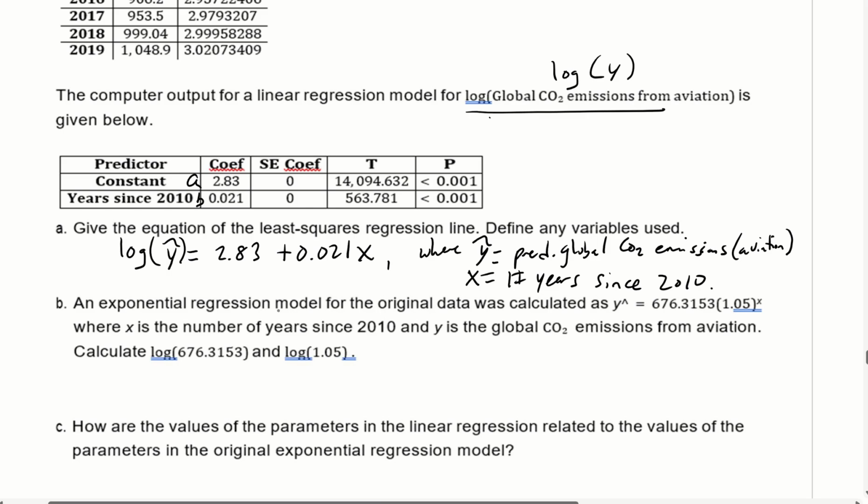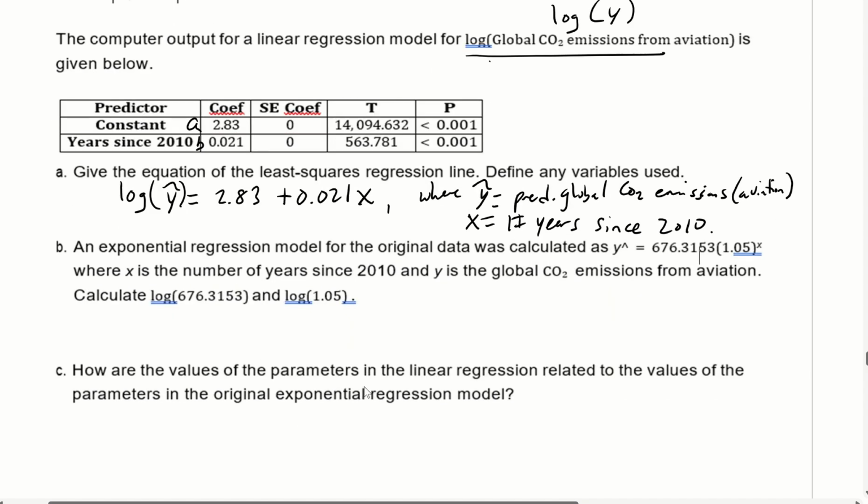Okay, so an exponential regression model was calculated, where X is the number of years since 2010 and Y is the global CO2 emissions from aviation. Calculate log of 676.3153 and log of 1.05. So all we got to do is just calculate that on the calculator.